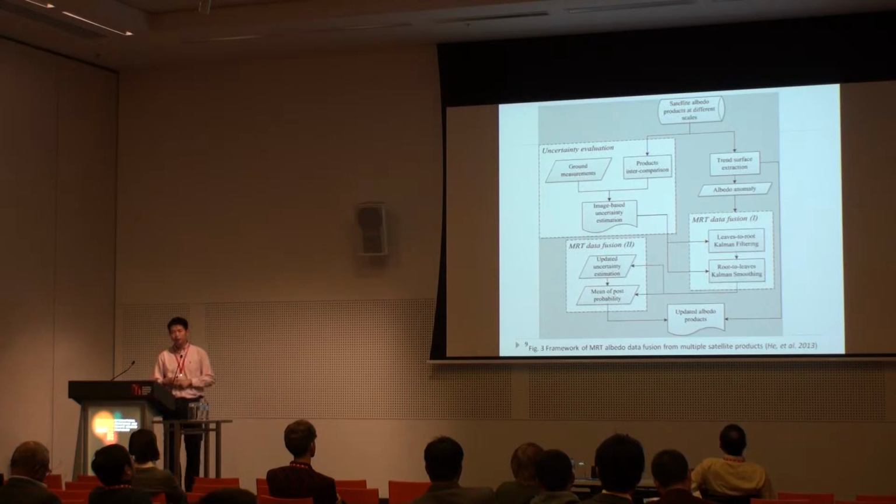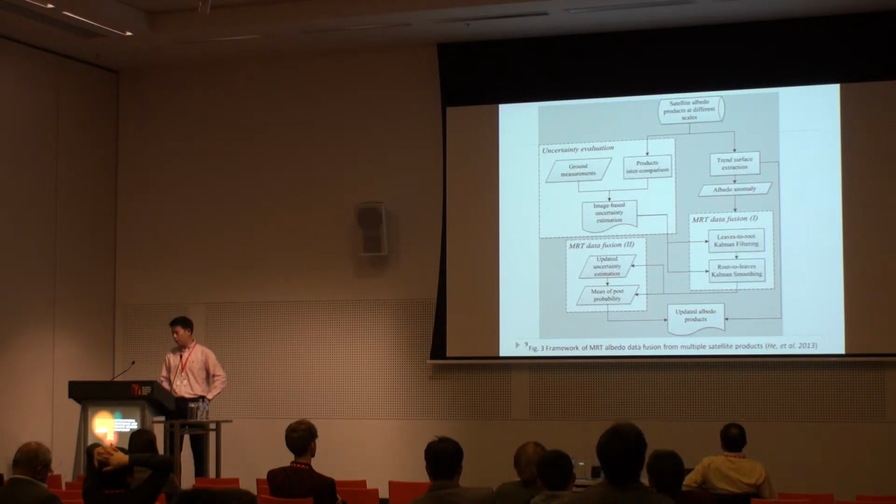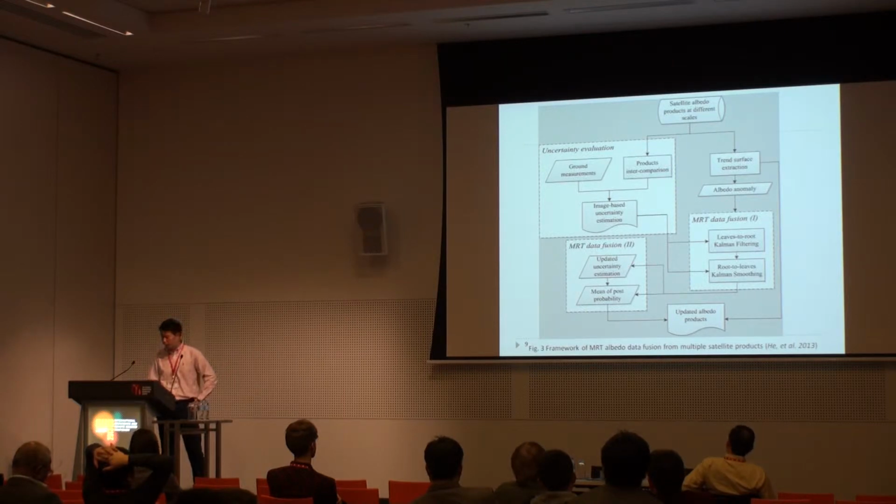And secondly, because MRT relies on the anomaly, which means the bias should be removed before it can be carried out. And so we put the anomaly and the image-based uncertainty estimation into the Kalman filtering and the Kalman smoothing, and then update the accuracy estimation and update the final products.